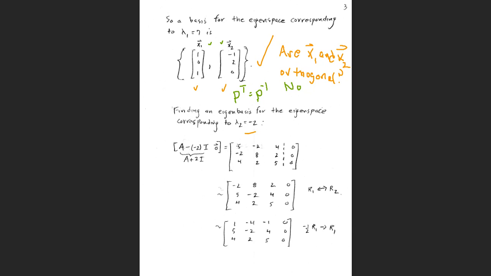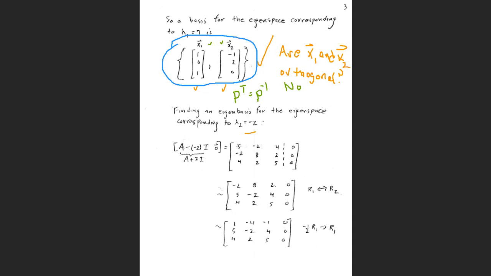Let me ask you this while I'm in the neighborhood. If we have this subspace, the span of those two eigenvectors, it's a two-dimensional subspace with basis vectors x1 and x2. The span of x1 and x2 is a plane in three-dimensional space.